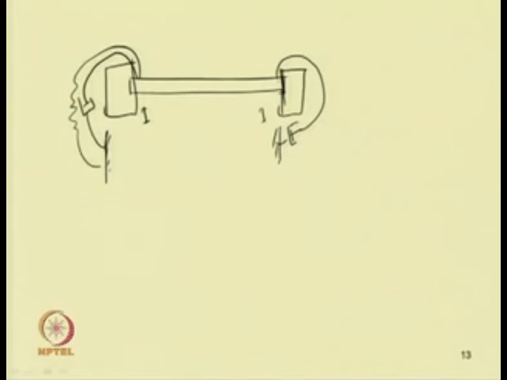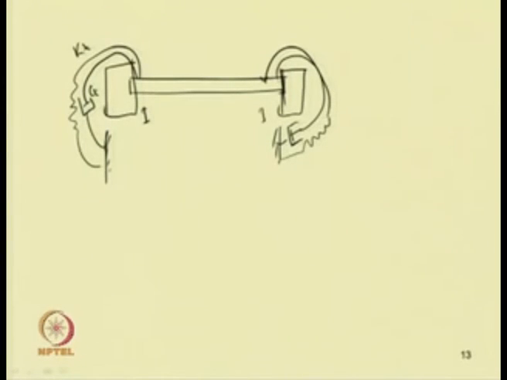This is the damping element, and one can have a spring element also, a torsional spring element. In this case, the torsional spring element is KT and the damping element, let us take CT.